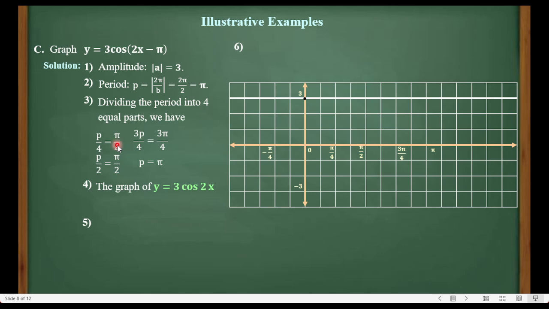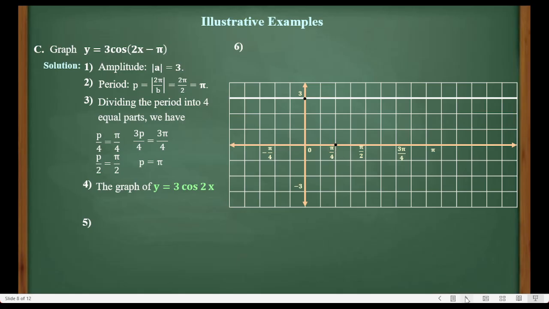Then, using the first value, pi over 4, we substitute to this equation. Okay? So it becomes 2 times pi over 4 or pi over 2. Cosine of pi over 2 is actually 0, so we plot the point here.